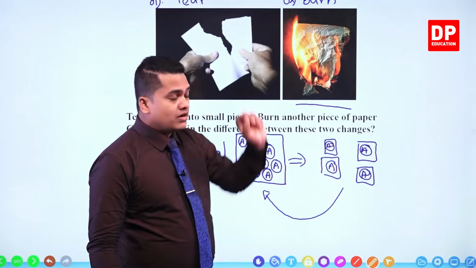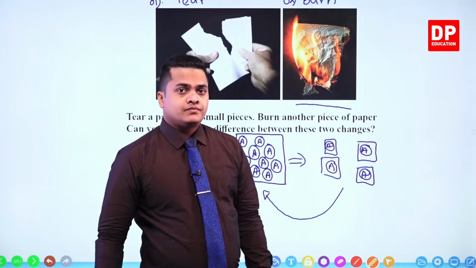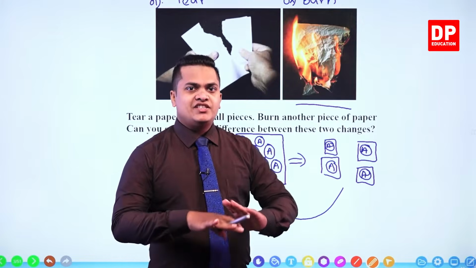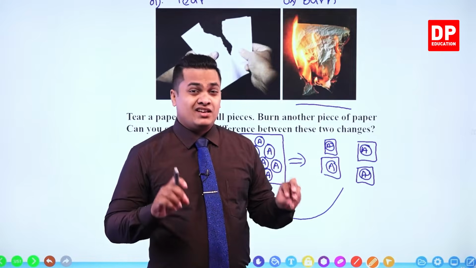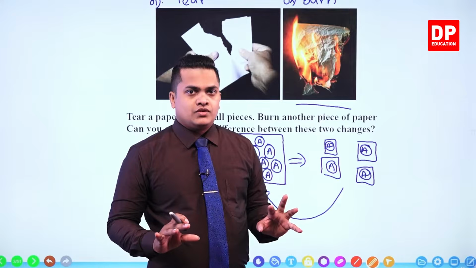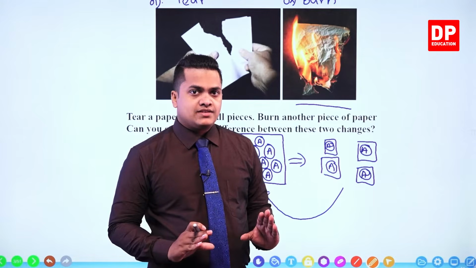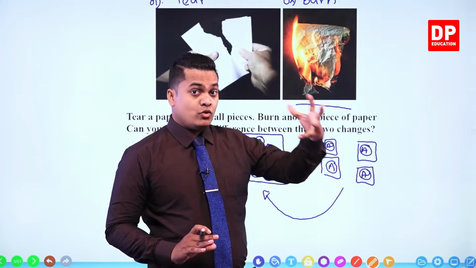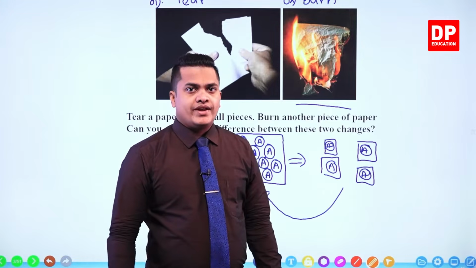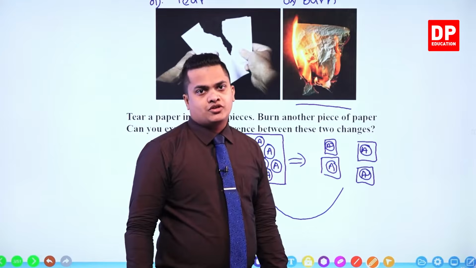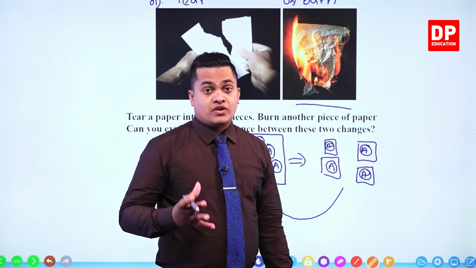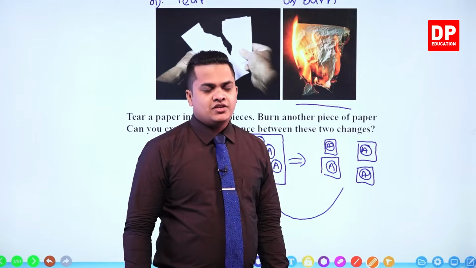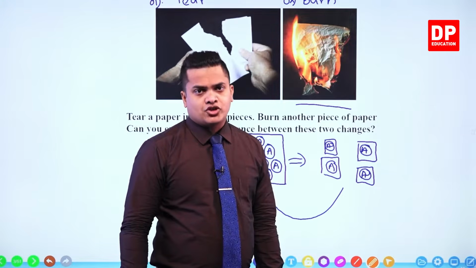When I am going to burn this paper down, new substances get created, a change in the composition of the material itself. So this is called a change in the composition to create new materials. This is called a chemical change. It is also referred to as a chemical reaction.